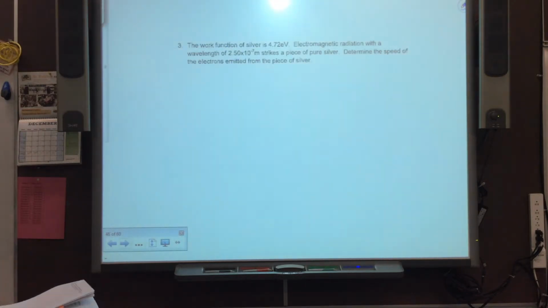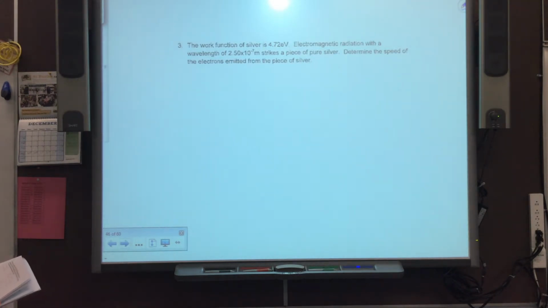All right. The work function of silver is 4.72 electron volts. Electromagnetic radiation with wavelength of 2.5 times 10 to the negative 7 meters strikes a piece of pure silver. Determine the speed of the electrons emitted from the piece of silver. This is where we're starting to see the crossover between physics and chemistry.